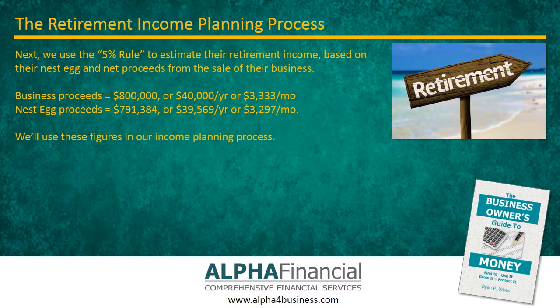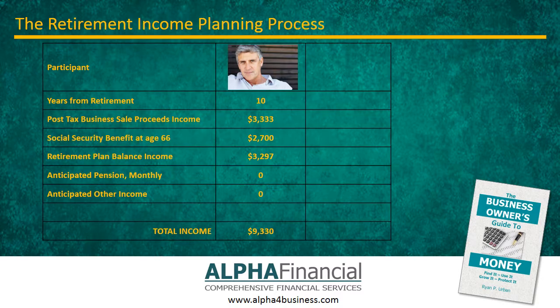Now, what we're going to do is use these figures in our income planning process. Let's begin with the husband. He's the business owner. He's 10 years from retirement. His anticipated income is $3,333 from his post-tax business sale. Here's the big surprise a lot of people get, and that is their Social Security benefits at age 66. Yes, Social Security will most likely be there, so I went ahead and made that assumption.